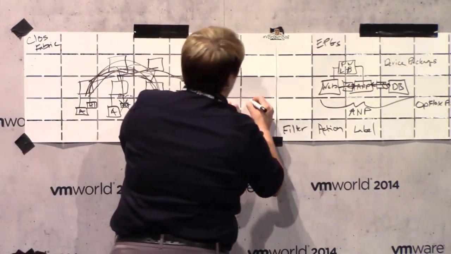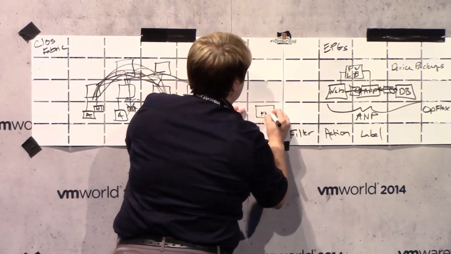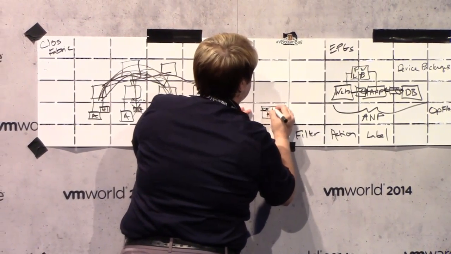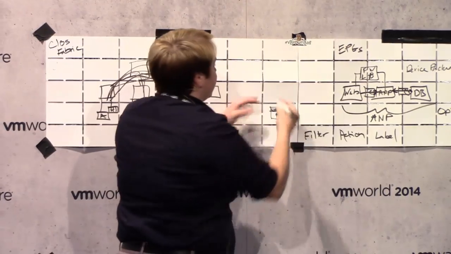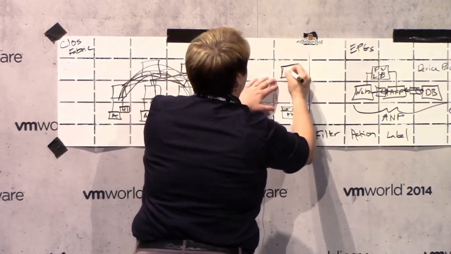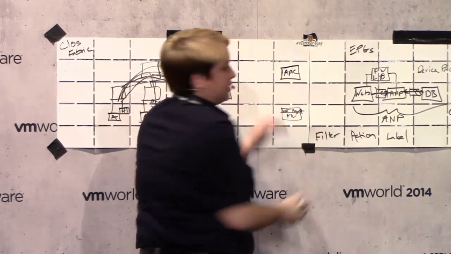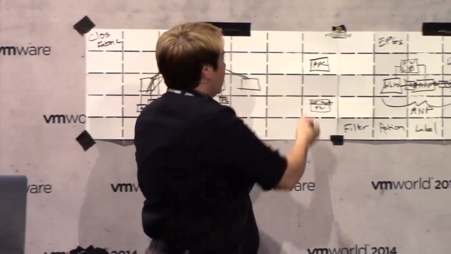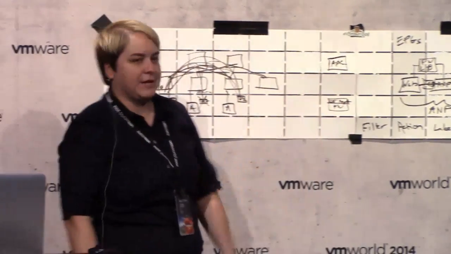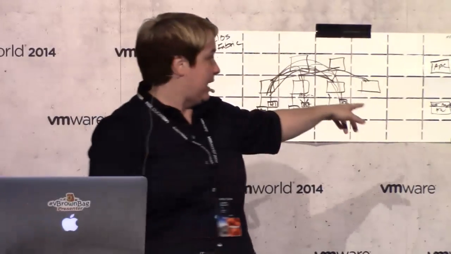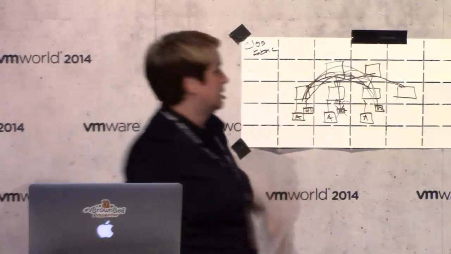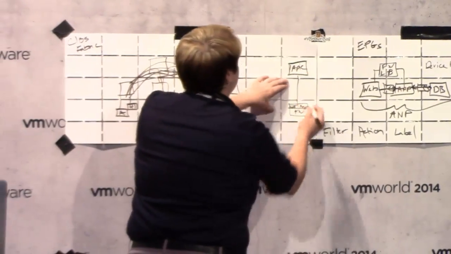And what we're going to do is we're going to have a firewall, let's say, with an OpFlex agent on it. And then we're going to have an OpFlex controller up here. Let's say it's an APIC because we're talking about ACI. This OpFlex agent will advertise the features of whatever that layer 4 through 7 device is and tell the APIC what it can do.